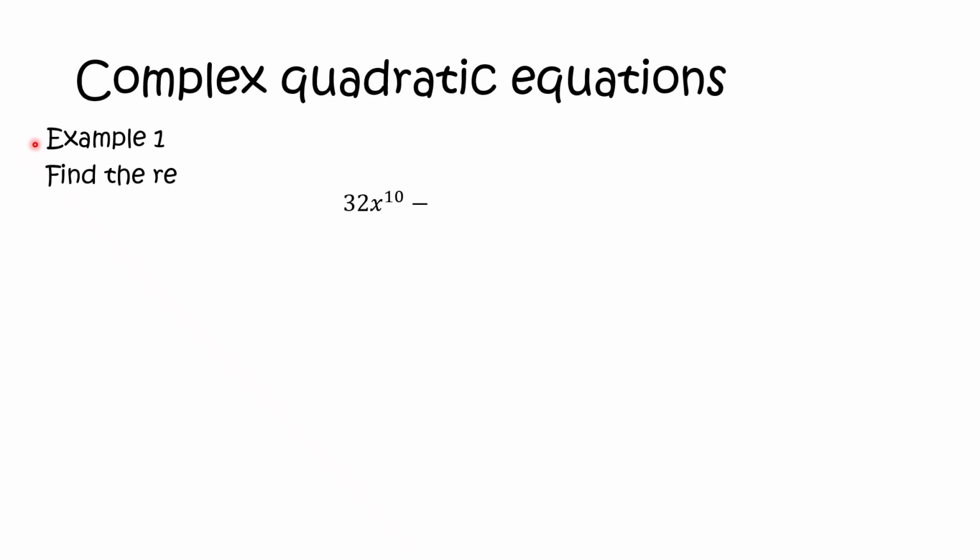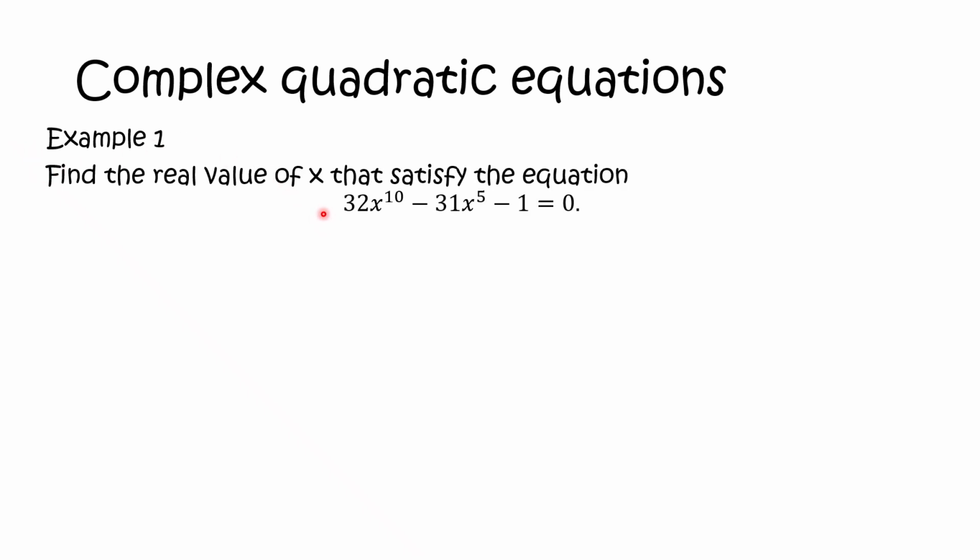Example 1. Find the real value of x that satisfies the equation 32x to the power 10 minus 31x to the power 5 minus 1 is equal to 0. The solution.